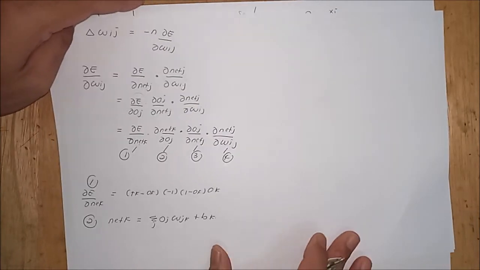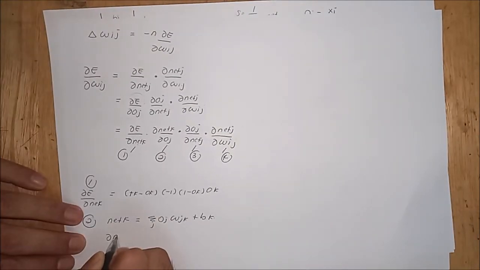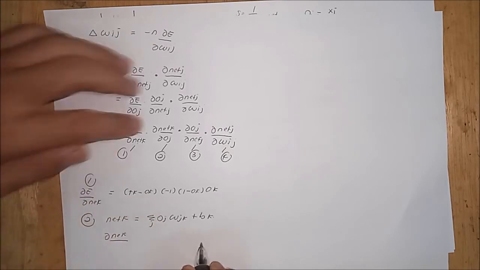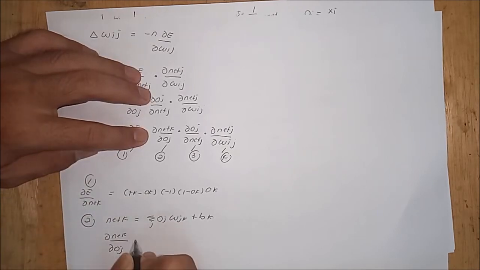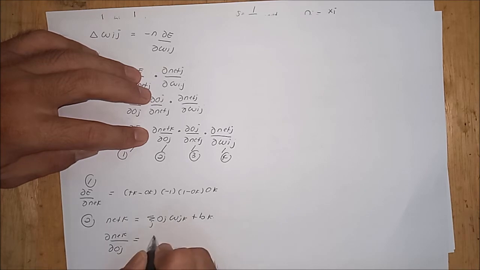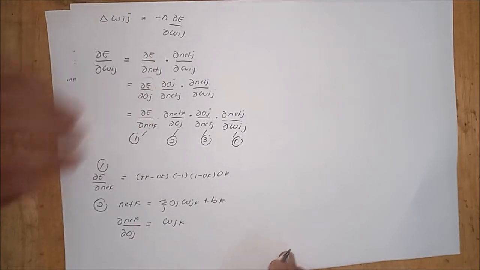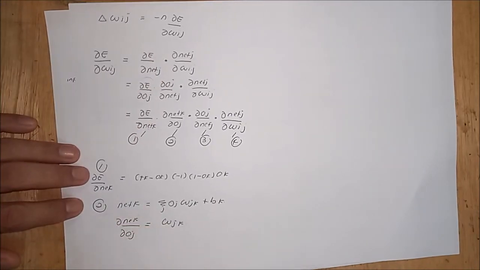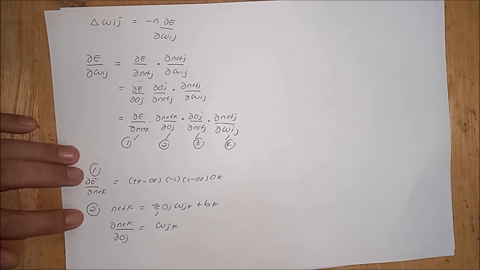So d net k over doj is straight away the same thing that I have shown you previously, and will be equal to wjk. So we are settled in terms of the second part of the equation.